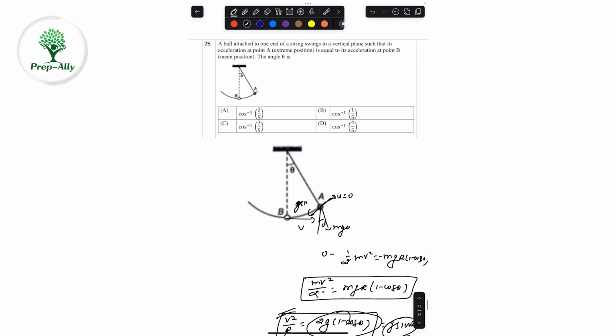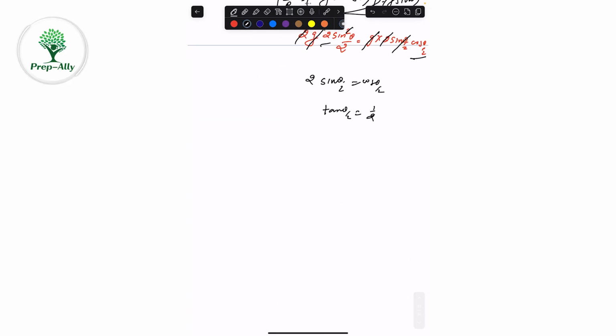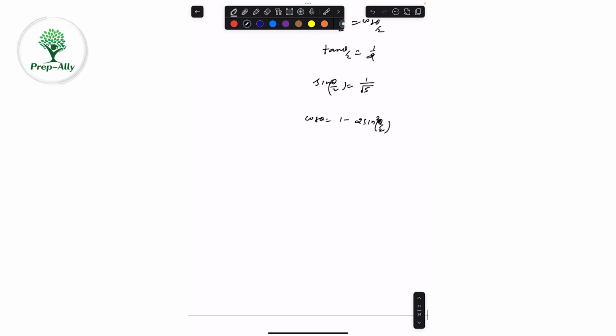All the answers are in the form of cos theta, so we'll write it again. If tan theta by 2 is this, we can have sin theta by 2 equal to 1 divided by root of 2 square plus 1, which is root of 5. Then from here, if I find cos theta, I will have cos theta is equal to 1 minus 2 sin square theta by 2.